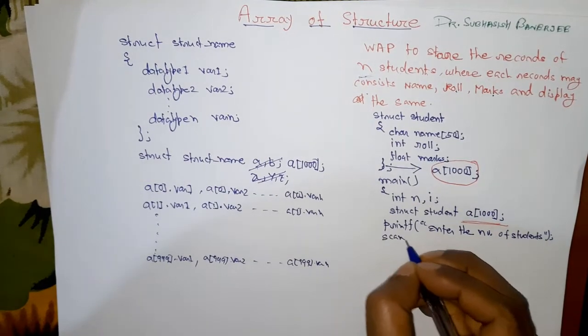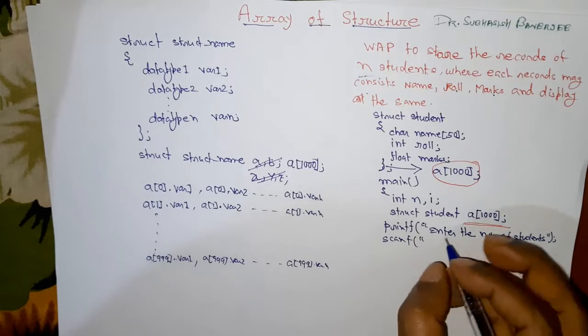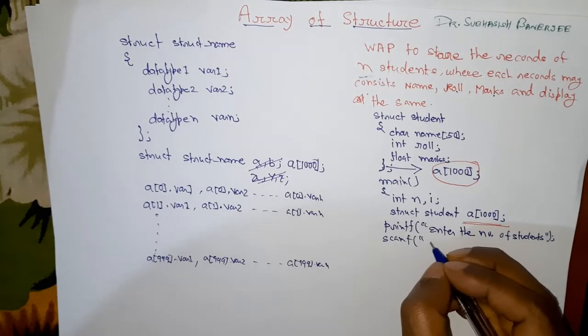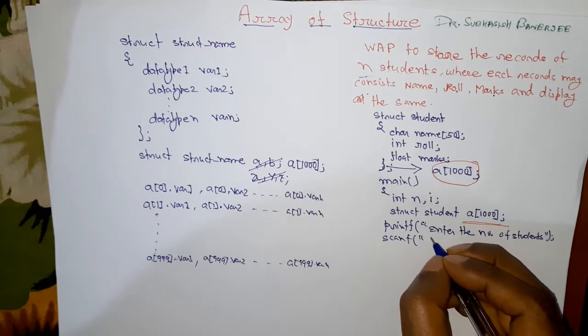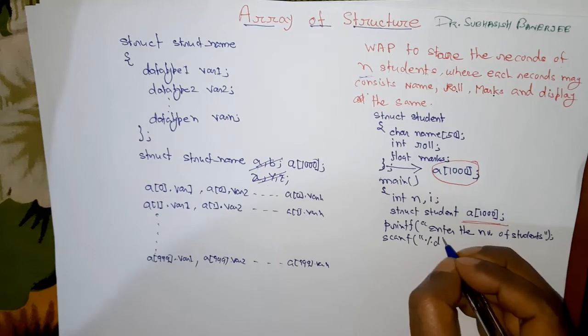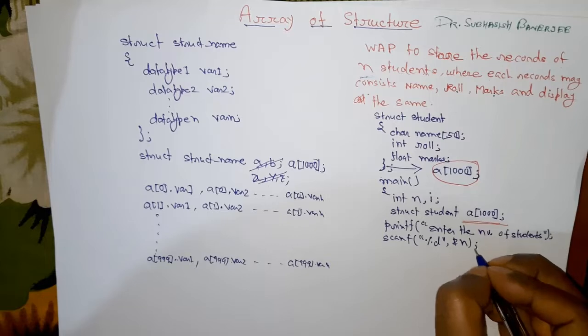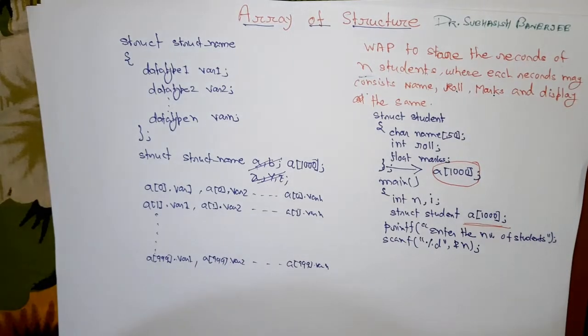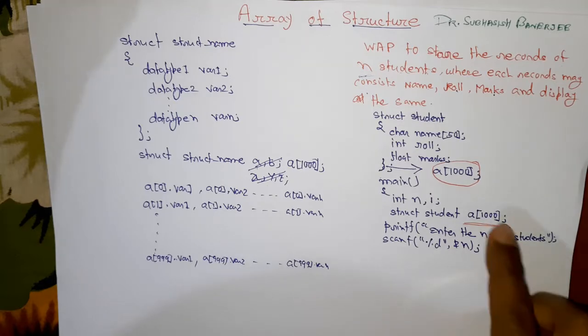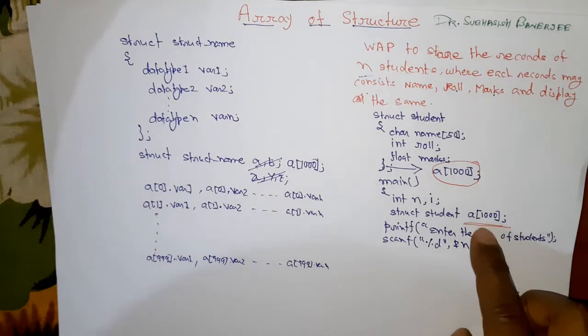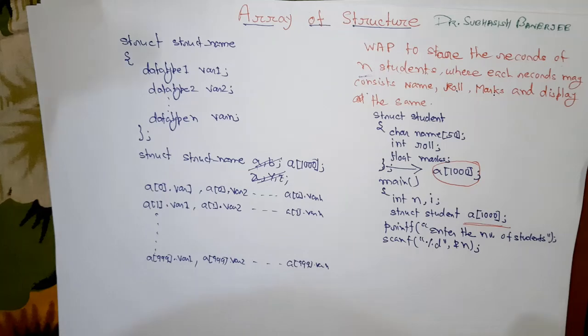Once the user provides a value, we need scanf to take the input from the console, so it should be %d, because the number should be integer type, ampersand of n. So n holds how many students we're going to store, that is 5, 10, 100, and the maximum should be 1000, because here we have limited the size of this structure variable to 1000 only.